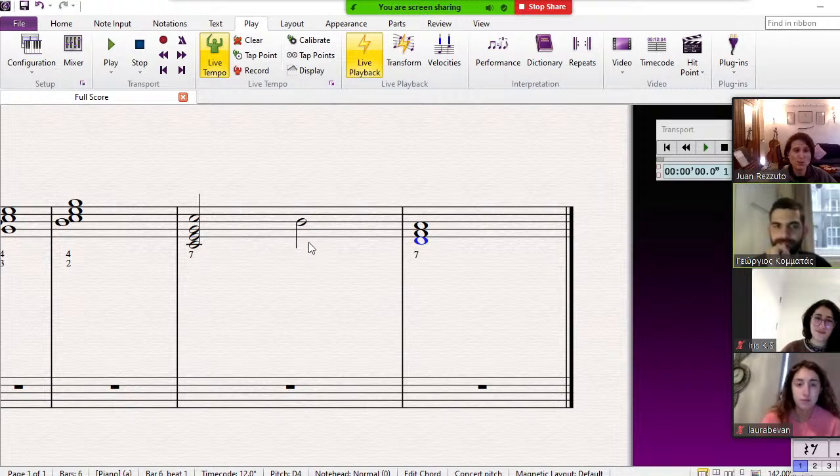What you're actually doing is what we're going to see tomorrow, a second species of counterpoint. So for now, restrain yourself.